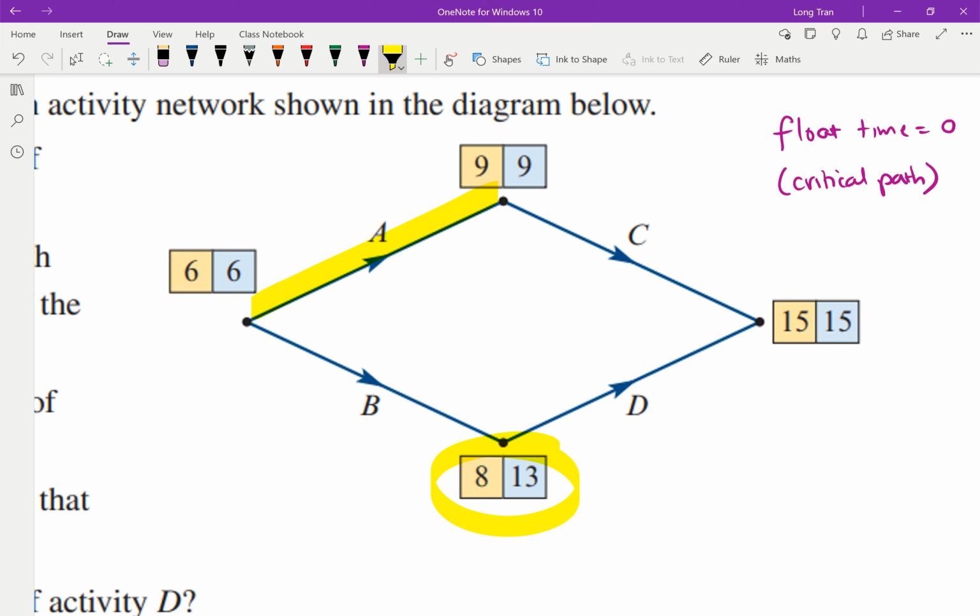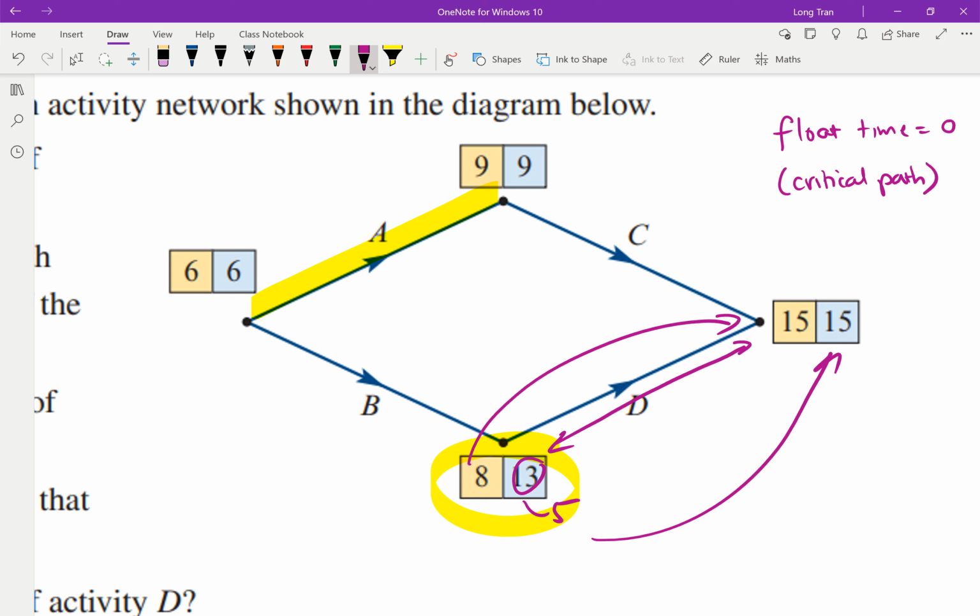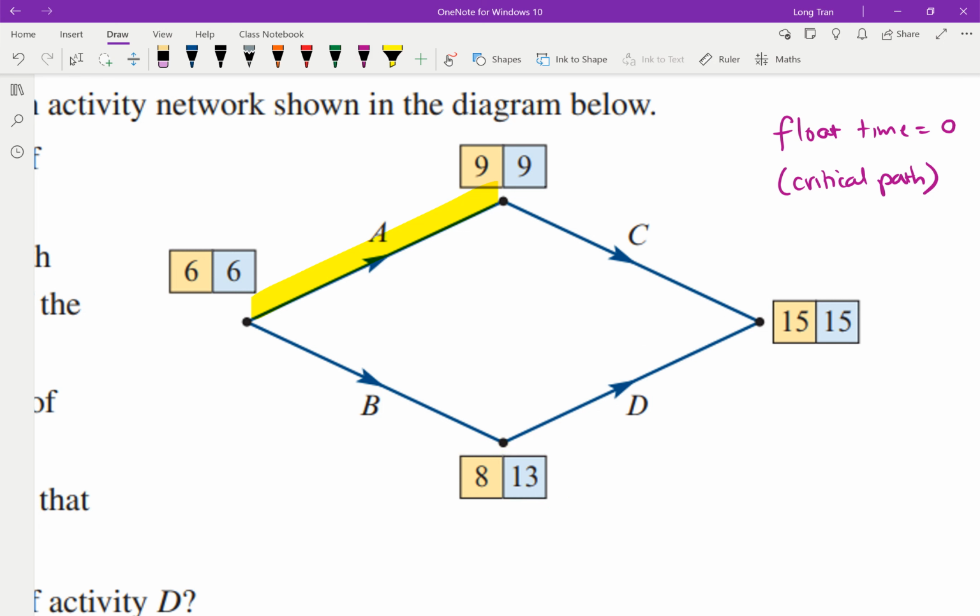Now, in order to calculate this, you need to know how long the duration is. Because if I said 5 minutes, you can see 13 plus 5, it's way too much now. And 18 plus 5, I'll make it. So your activity here is to find out what the duration for D is.